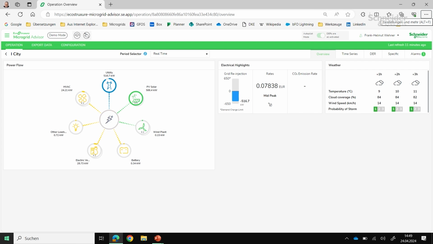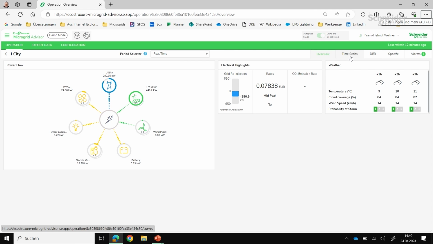That's the price of energy we are currently paying. And you see there is a tendency, so in the next period, we will see it in a minute, we will have a lower price. And finally, you see weather forecast data. Weather forecast data are very important because what Microgrid Advisor is doing, it's forecasting the consumption and production in the next 24 hours.